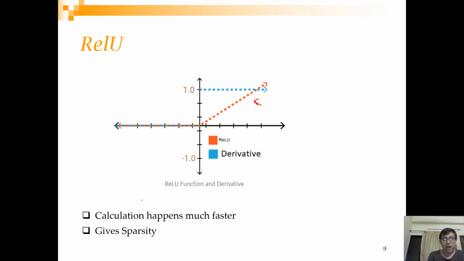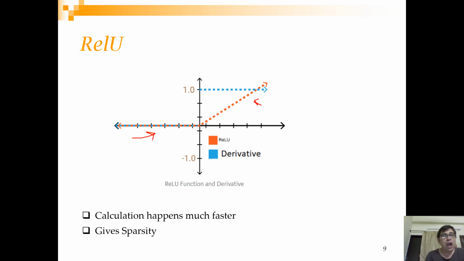The more parameters you have, the more prone it is to overfitting. Here, some neurons which are receiving a negative input will have a gradient of 0, and they will not participate in that particular forward pass or backward pass. That gives a kind of sparsity, and if you have sparsity, your model will be less prone to overfitting.